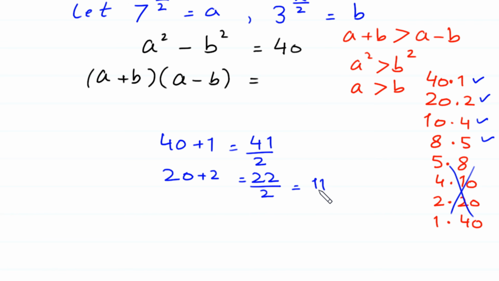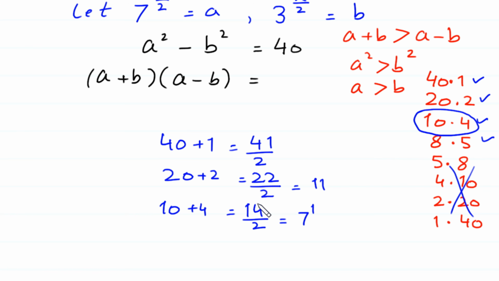This number 11 cannot be written as a power of 7 or as a power of 3. Now we check this third case, 10 times 4. We add 10 and 4 is equal to 14 and 14 divided by 2 is equal to 7. 7 can be written as a power of 7, 7 to the power 1. So we select this case 10 times 4 and we check this case also, 8 times 5.